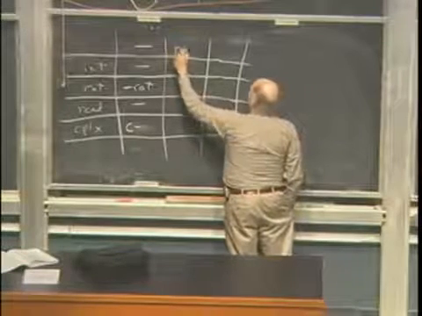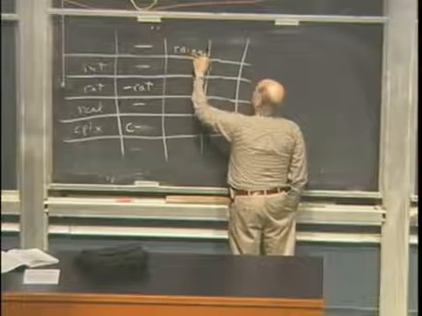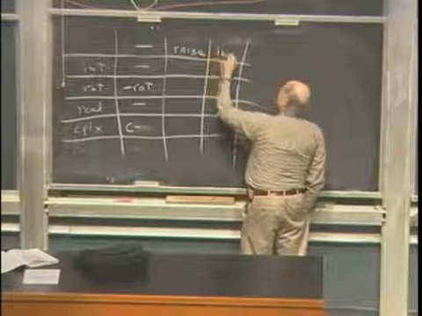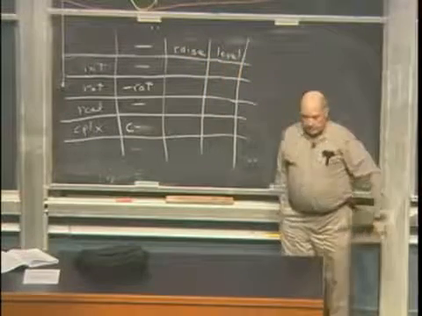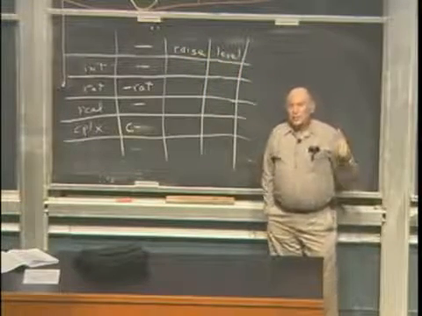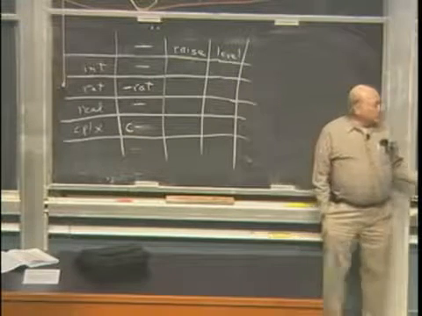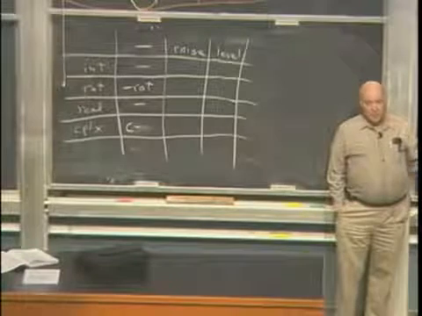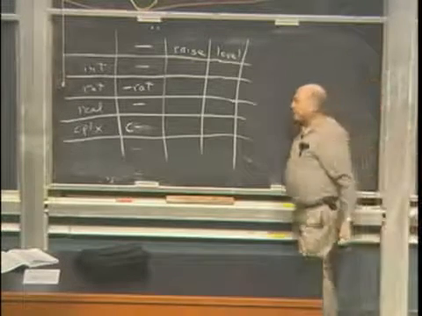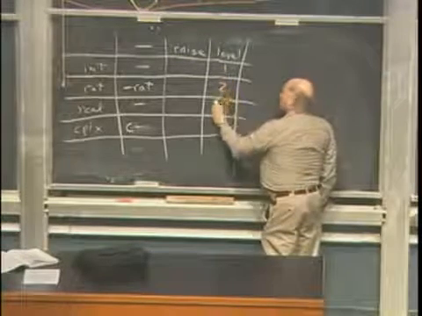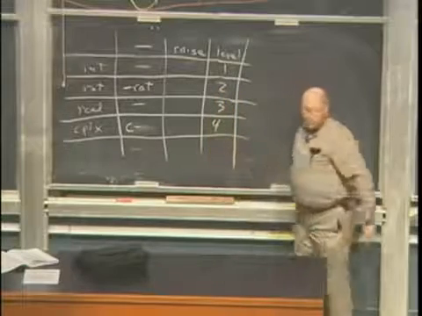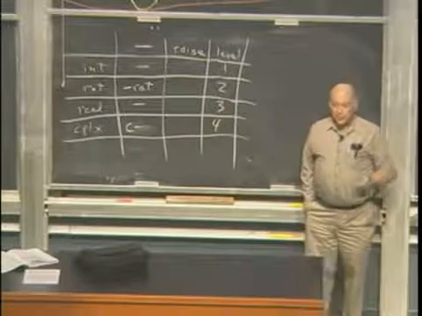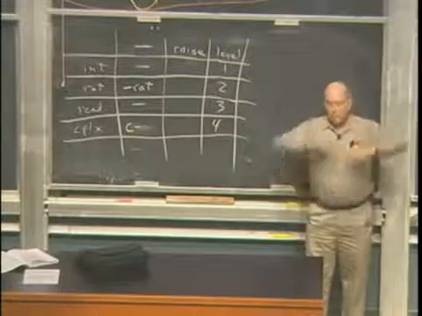One is called raise, and one is called level. Okay? Level is going to be used to tell us about this subset relationship. What's a subset of what? And the way it's going to do that is we're not even going to put procedures in here. We're just going to put 1, 2, 3, 4. Okay? Bigger number, bigger set.